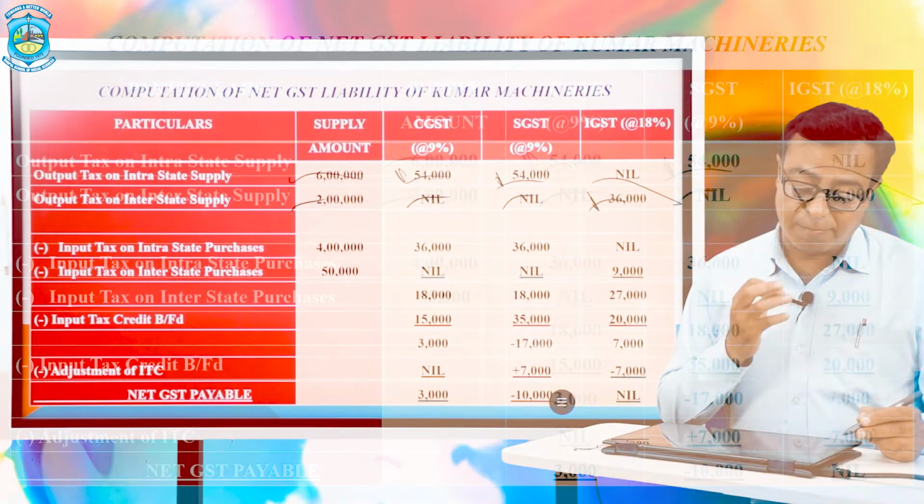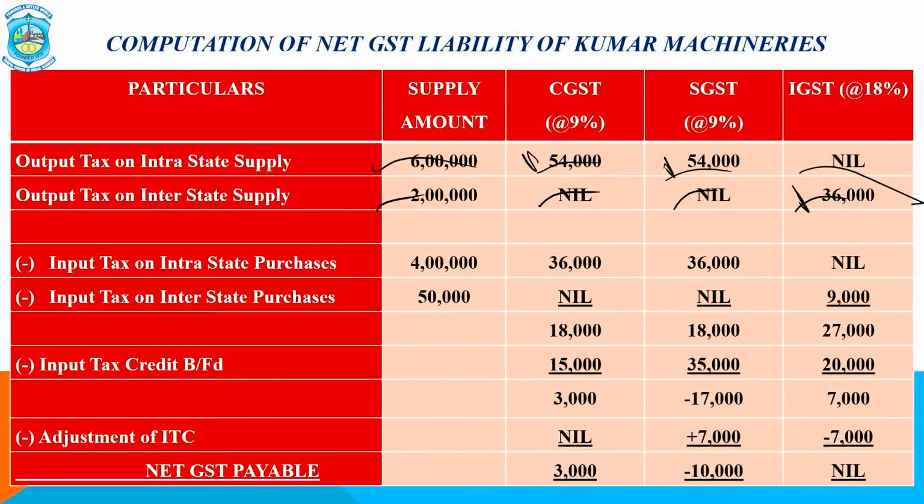Come to input tax on intra-state purchase. As per the question, we have intra-state purchase of 4 lakh and the tax will be 9%. CGST at 9% becomes 36,000 rupees, and we have no IGST on this particular input tax.